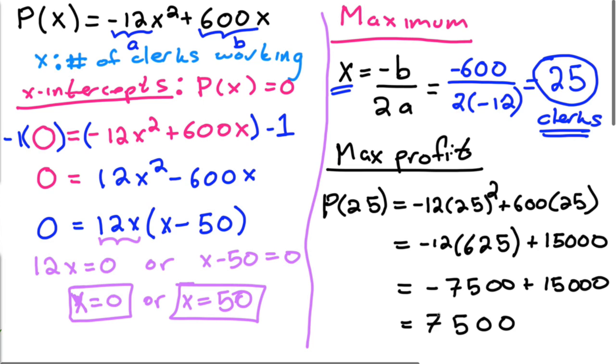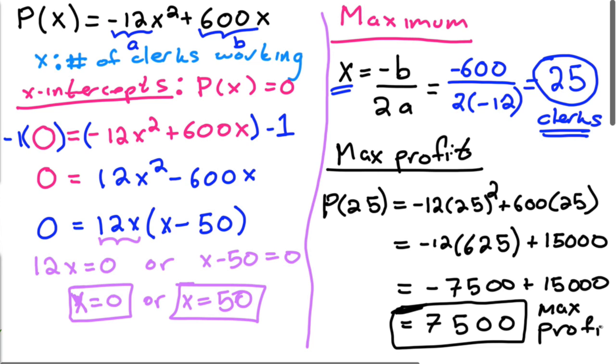So this is the maximum profit. It's the profit when 25 clerks are working, but it's also the maximum actual profit made. I hope that will help you answer your assignment question.